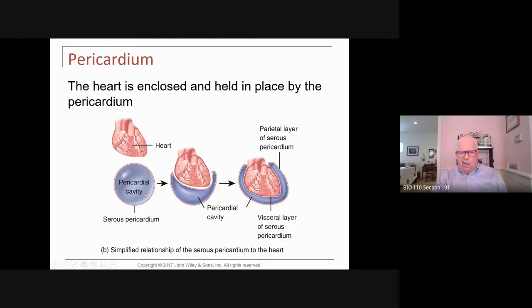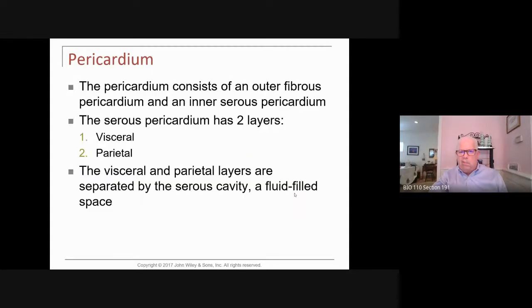So you have a serous pericardium, which attaches to the organ, and a parietal pericardium that attaches to the pericardial cavity. All right? Any questions on that? Good. And here it is. Visceral and parietal.